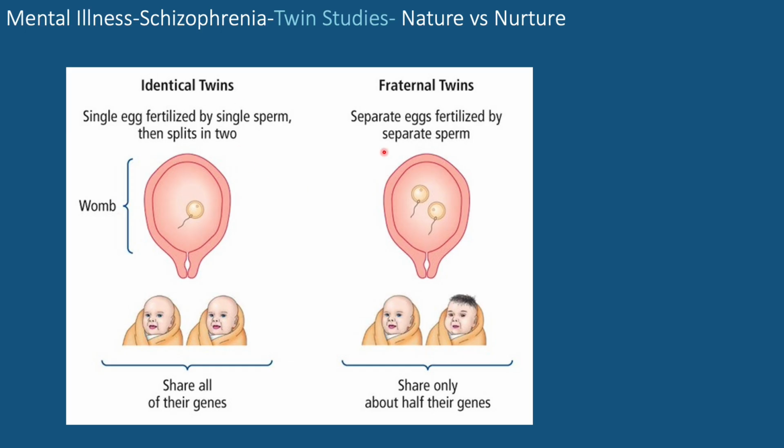Furthermore, by additionally comparing monozygotic twins to fraternal twins, dizygotic twins, who share half of their genes, the respective degrees of influence of genetic and environmental factors on the disease can be determined.